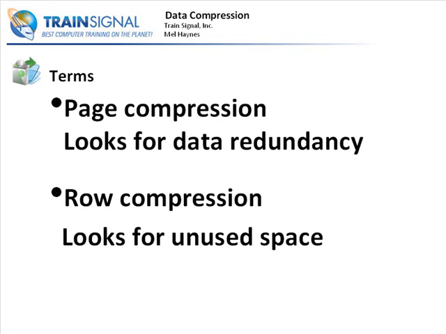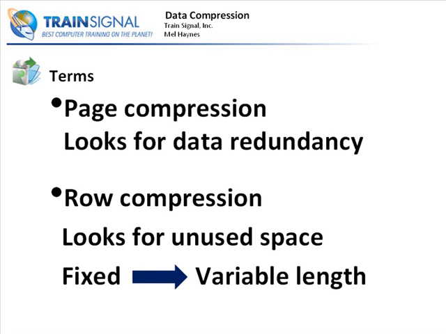Some terms. There weren't a whole lot of new terms in this video, but we did talk about page compression, which looks for data redundancy and tries to eliminate the redundancy throughout the data, versus row compression, which looks for unused space within a row and basically moves that from a fixed to a variable length structure so that you're not wasting space when it's not needed.